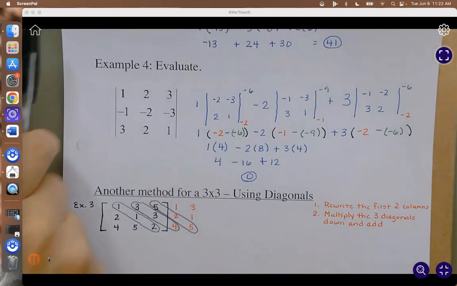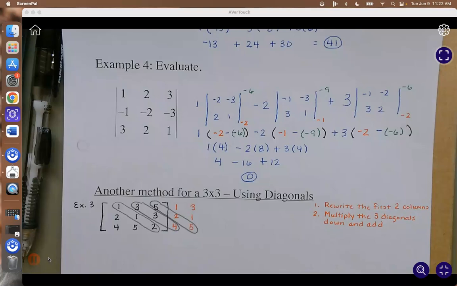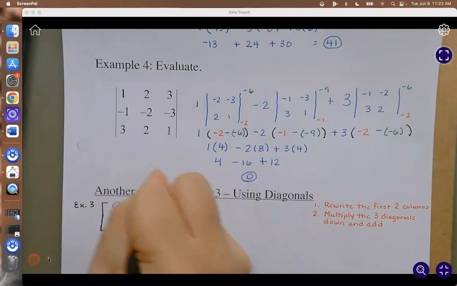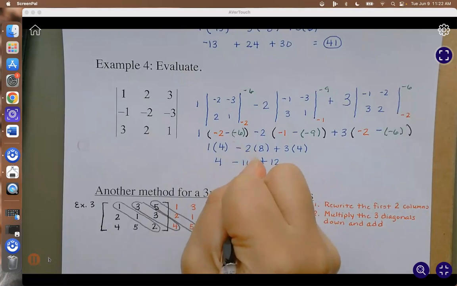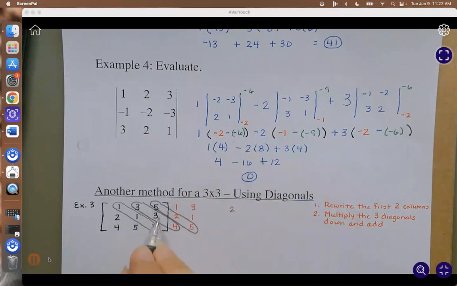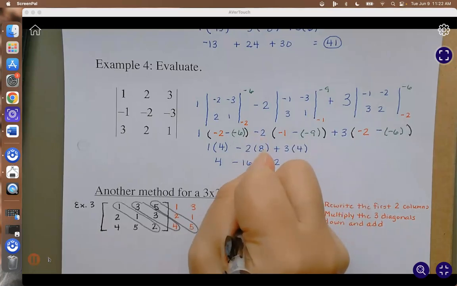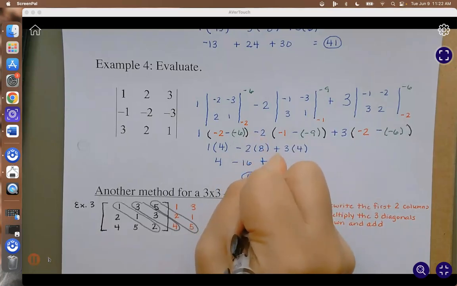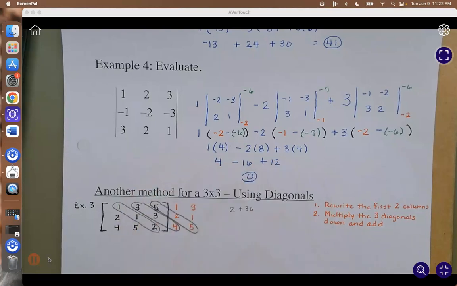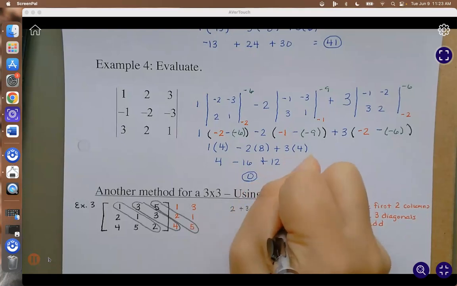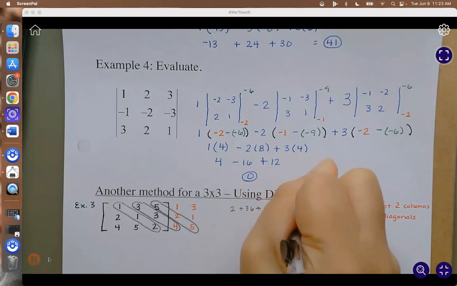Okay, so step 2 here, 1 times 1 times 2 is 2. 3 times 3 is 9, times 4 is 36. 5 times 2 is 10. 10 times 5 is 50. Now we're supposed to add all those up, and that gives me 88.